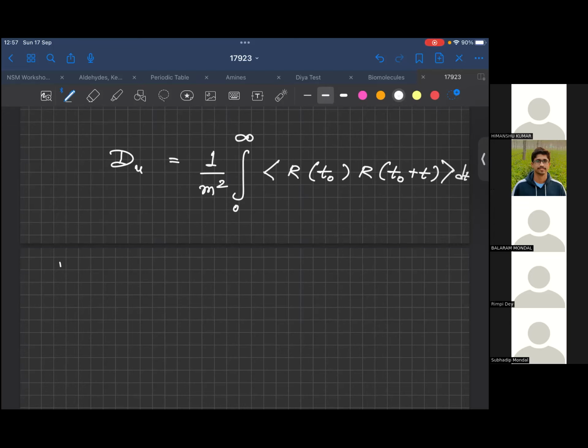Now there is another assumption, that this Brownian motion is taking place in thermal equilibrium.